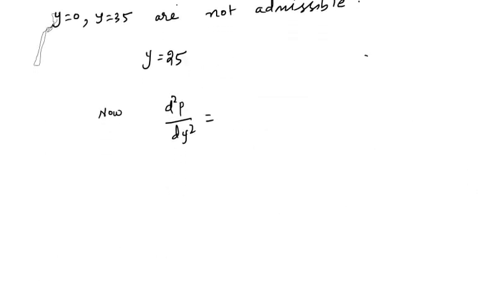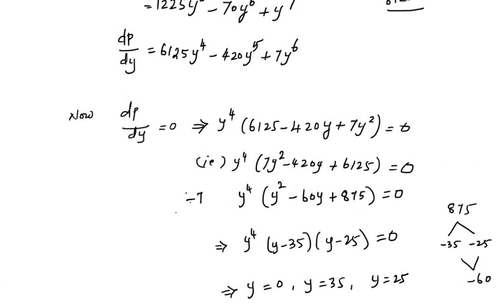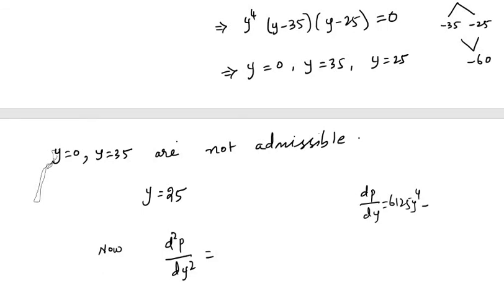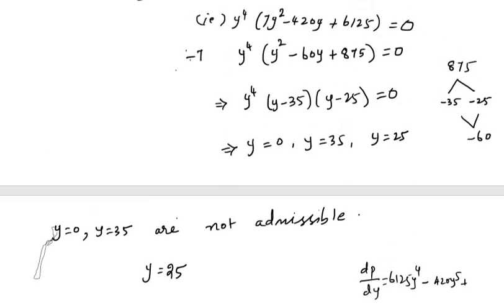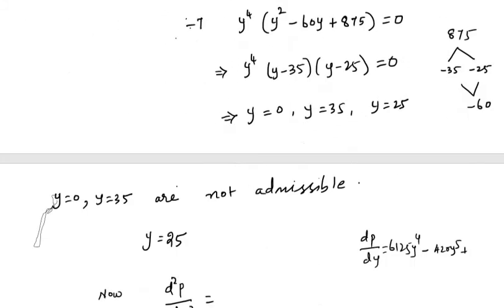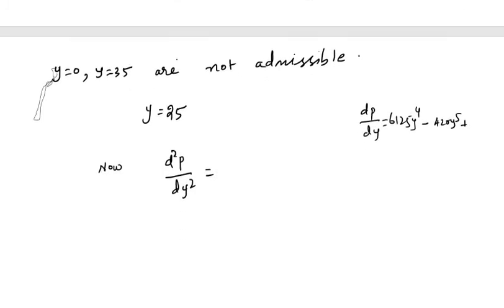Here dp by dy is equal to 6125 y power 4 minus 420 y power 5 plus the next term, 7y power 6.